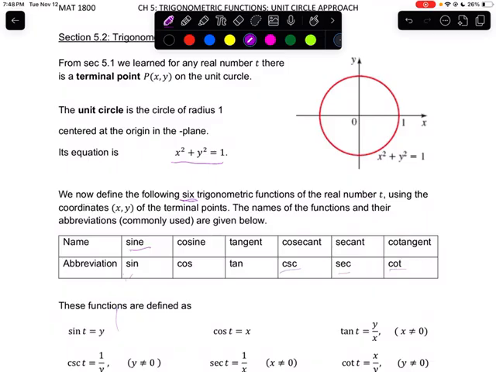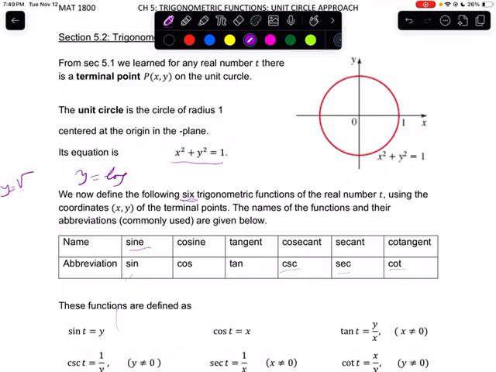Now we define the functions. Sine of t: remember, sine is a function, like log is a function, or square root is a function. You need an argument. If I just say y equals square root, this doesn't mean anything. Or if I say y equals log, that is nothing.